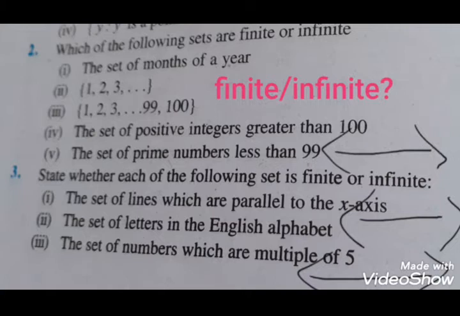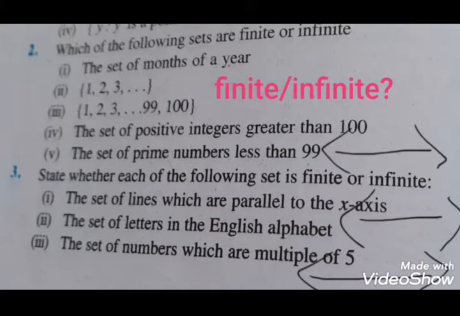We know that in a year we have 12 months, so the elements of this set are countable. There are 12 elements, so it is an example of a finite set. Now the second: 1, 2, 3 up to infinity. Here the number of elements of this set is not countable, so we say that it is an example of an infinite set.